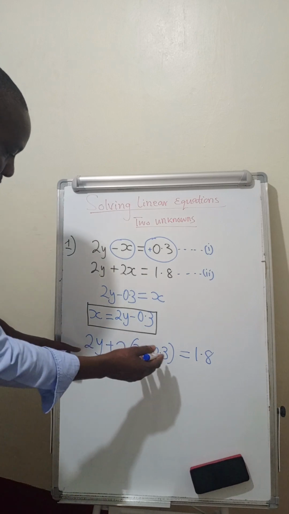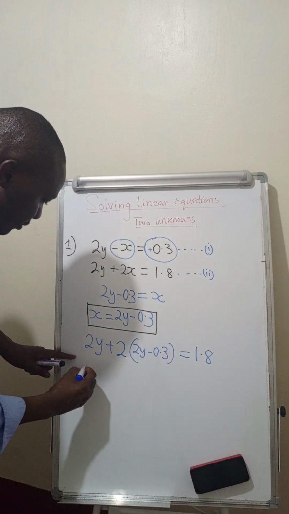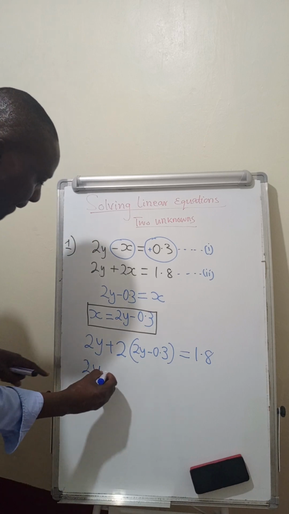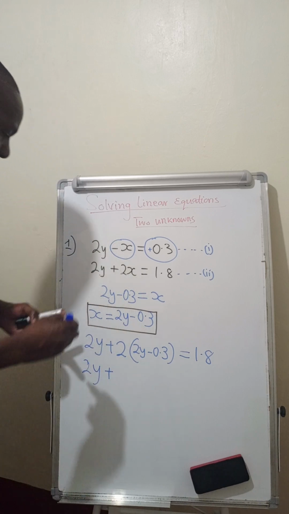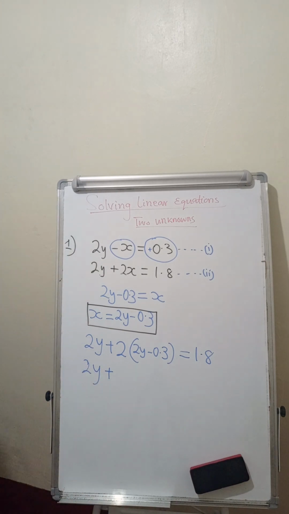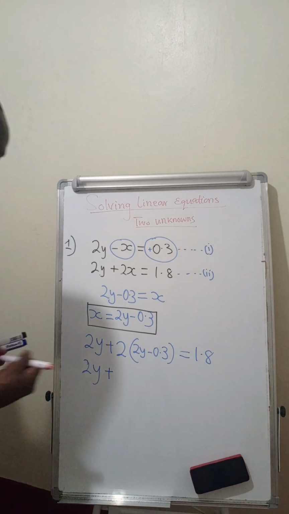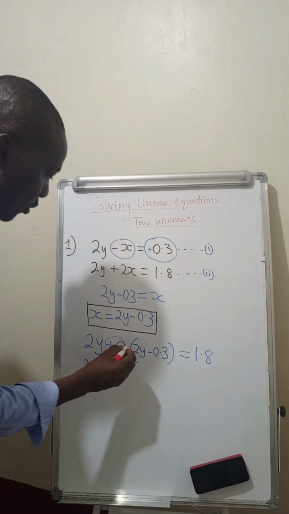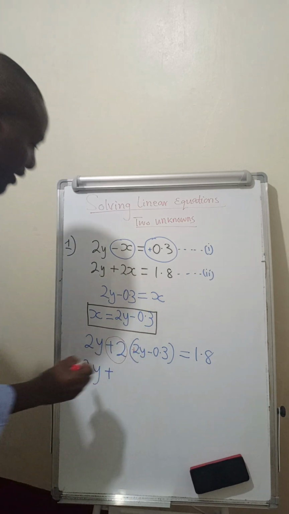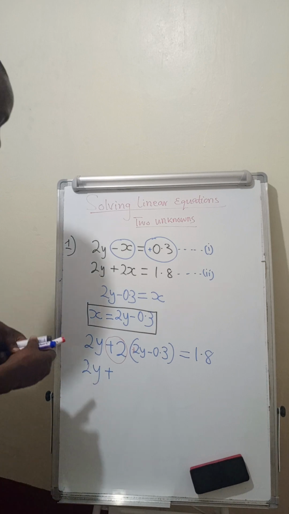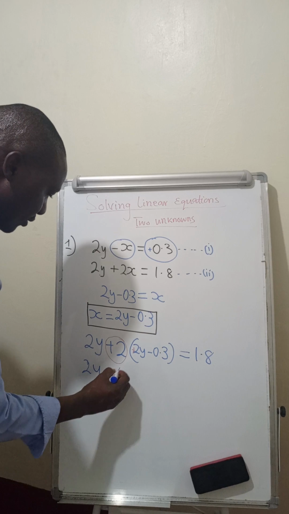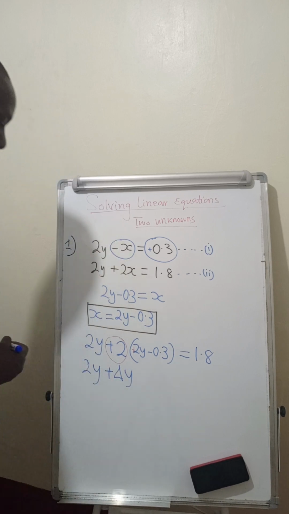Now, let's open the bracket. Go step by step. 2y plus. Remember, we are now multiplying by a positive number here. Positive times positive is positive. 2 times 2y, you will get 4y.